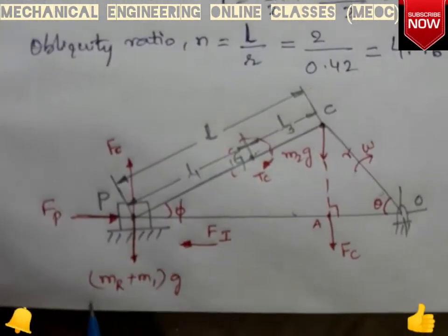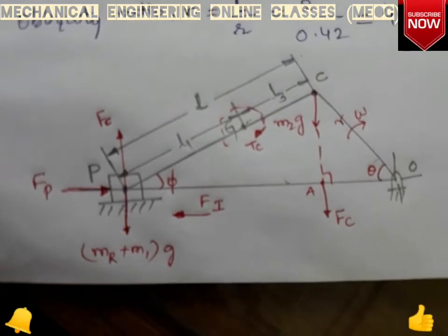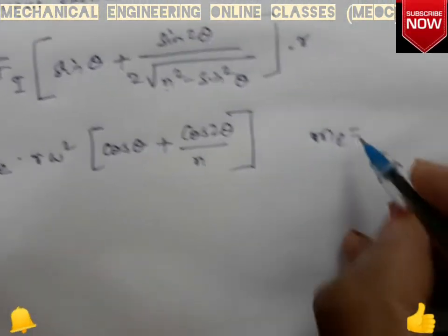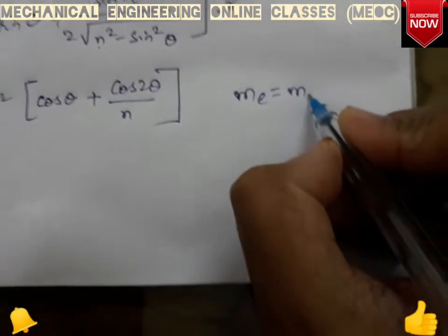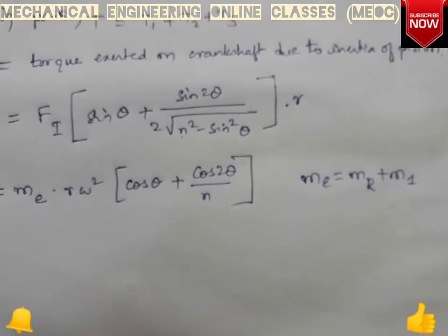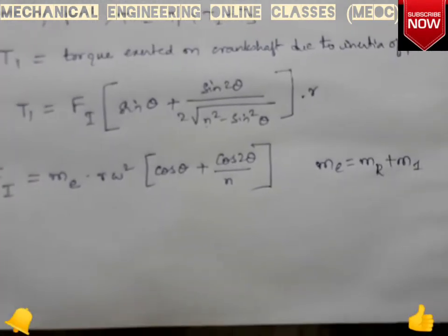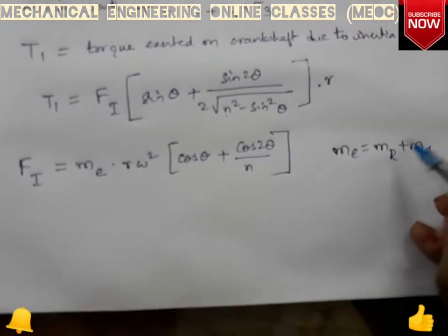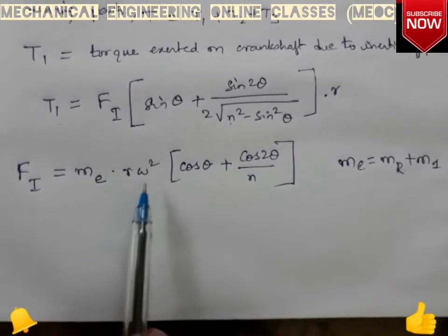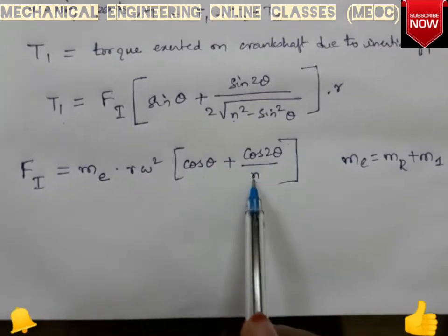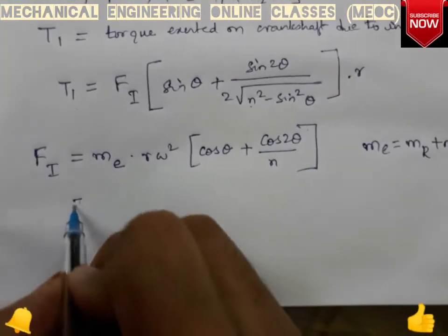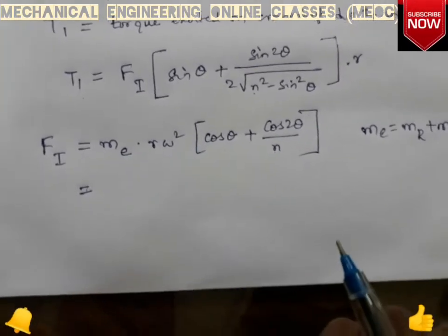The equivalent mass is mr and m1 together, mr plus m1, the mass of the reciprocating part plus the mass at the small end of the connecting rod. We know mr, m1, r, omega, theta and n. So we know all these terms and can find Fi by substituting all the values.